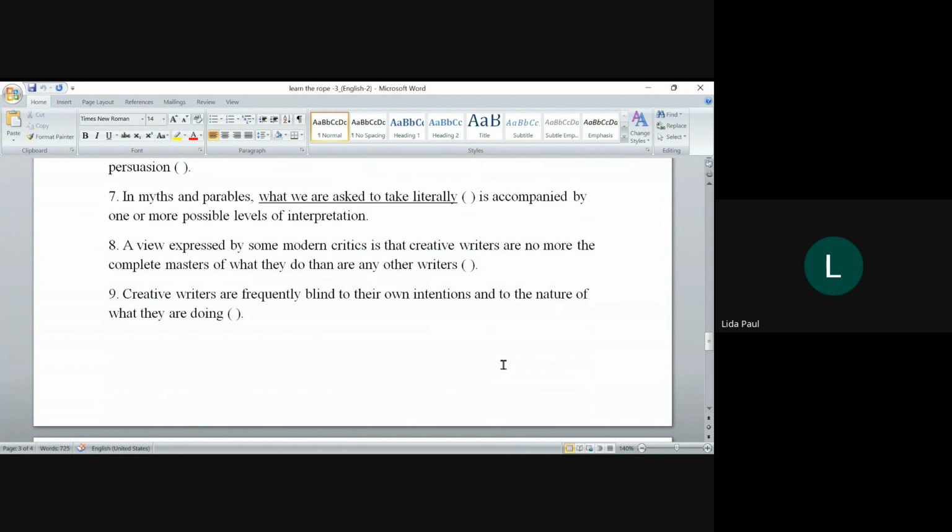A view expressed by some modern critics is that creative writers are no more the complete masters of what they do than are any other writers. Clue for you, there are two subordinate clauses in that sentence.